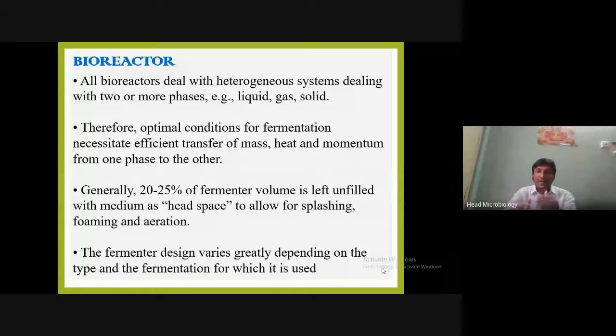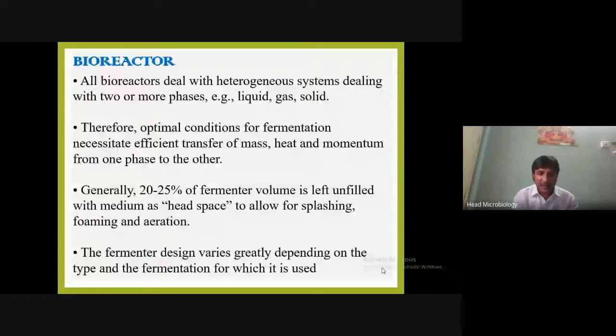For example, if we have a 10 liter fermenter, we should fill around 6 to 7 liters. The remaining 20 to 25% should be left unfilled as head space, allowing for foaming, agitation, and aeration.